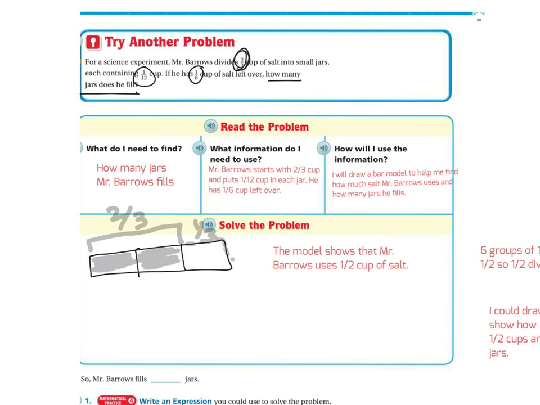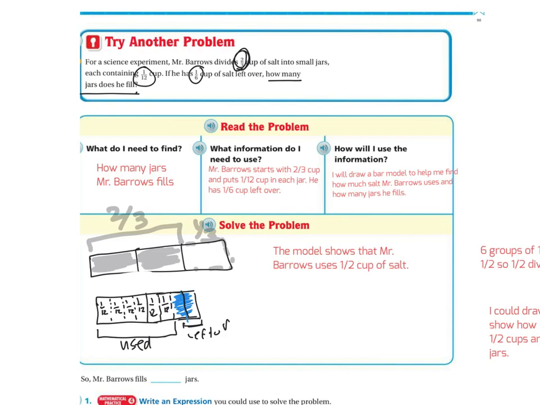Now I'm dividing these 2/3 up into 12ths. First let's look at what he used. Let's divide these into 12ths. So this is what was used, and this is what was left over.